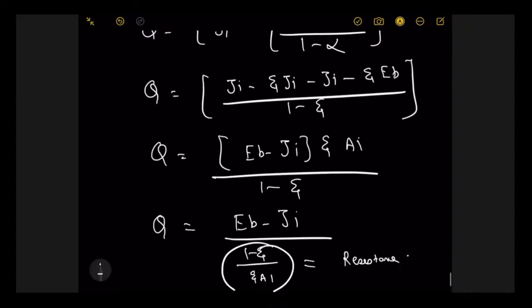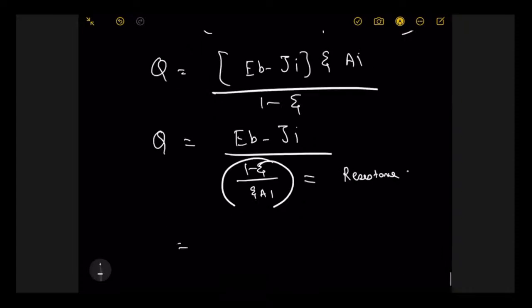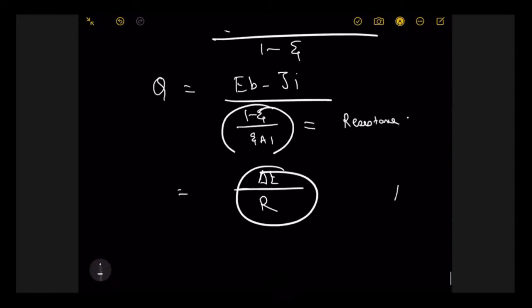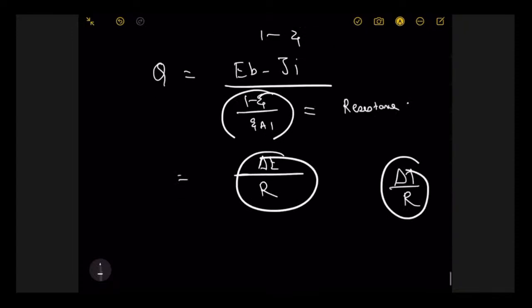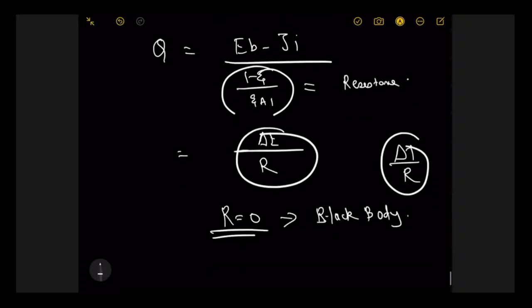Okay, actually we want to convert this into the form of change in energy upon resistance, because in conduction and convection what we have done is converted it into delta T by R form. Okay, and for a black body the resistance is 0. For a black body we know emissivity is equal to 1, so if you put emissivity 1, it will be 0.